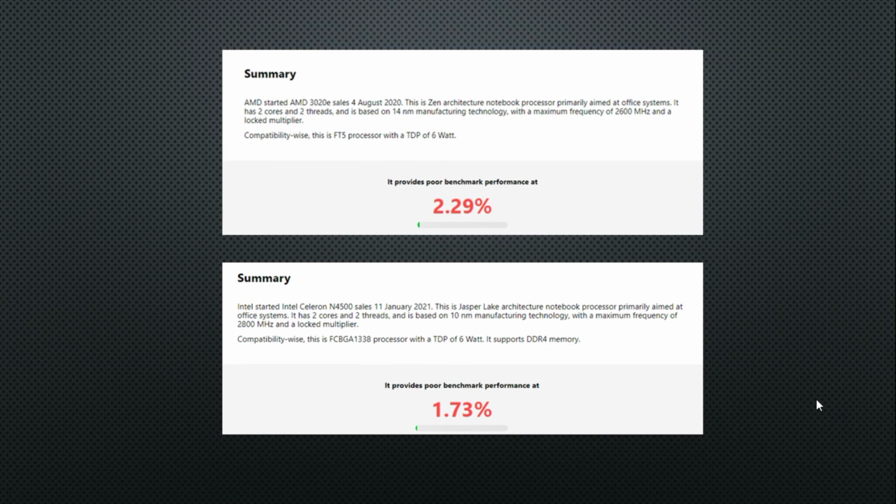Compatibility wise, this is an FCBGA1338 processor with a thermal design power of 6 watts, and it supports double data rate memory. Its benchmark performance is lower compared to the AMD 3020E, which has 2.29%, while the Celeron has only 1.73%.